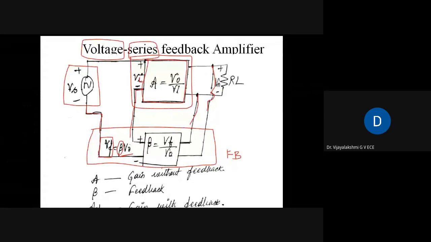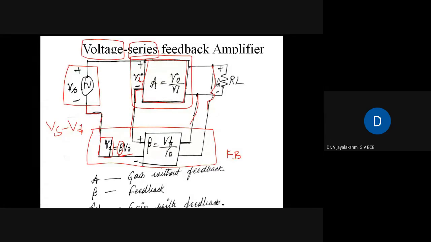When you don't have any feedback, then Vi will be the same as Vs. Whenever you give feedback, then feedback will also come into the picture. Then Vi becomes Vs minus Vf with feedback. When there is no feedback, Vi is equal to Vs.